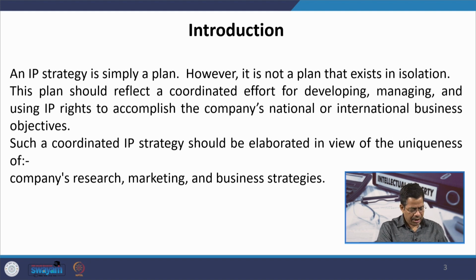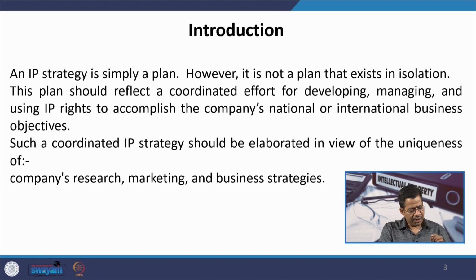In one of the videos we already discussed that strategy is basically how you are moving towards achieving your objective. Whatever the objective of your organization, the plan of achieving the objective is the strategy.